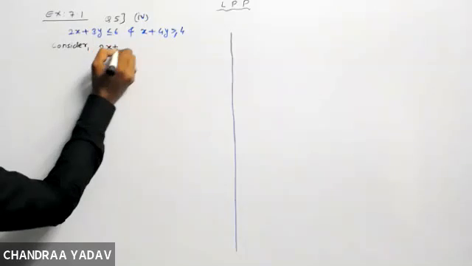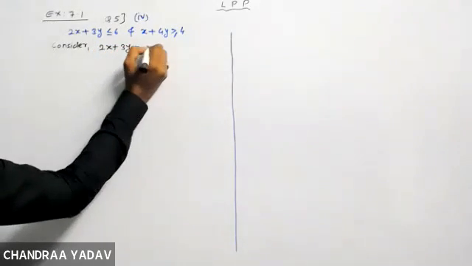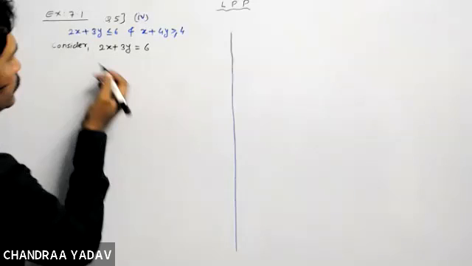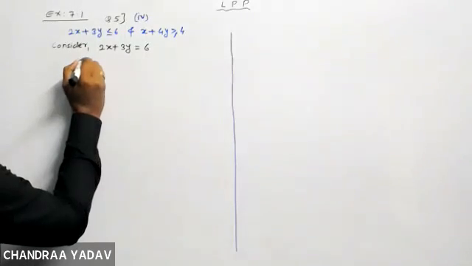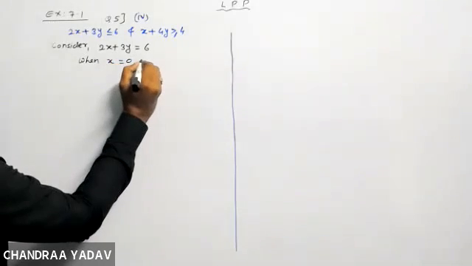Consider 2x plus 3y is equal to 6. Now we'll solve it with coefficient. Keep on solving, I'll write. When x is 0, y is 2.